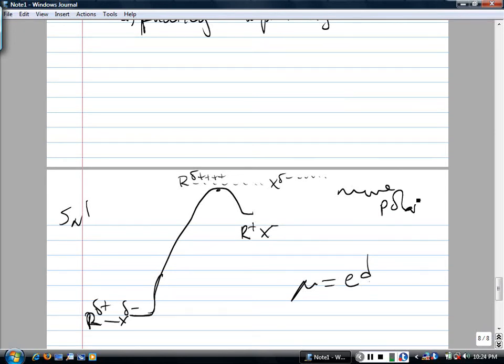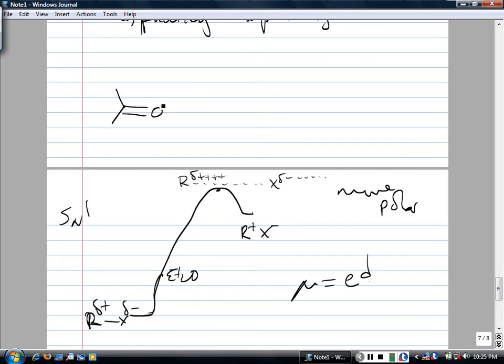So let's imagine I run an SN1 reaction in a solvent like ether. Ether is a modestly polar solvent. Let's change the solvent from ether to something like DMSO, or let's say acetone. You've met acetone. This is acetone.